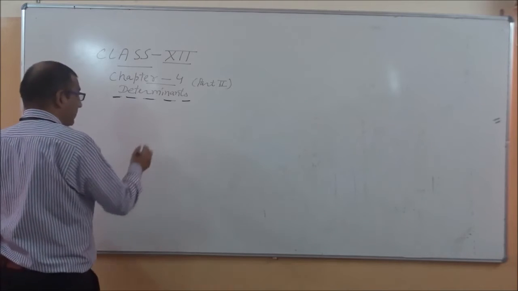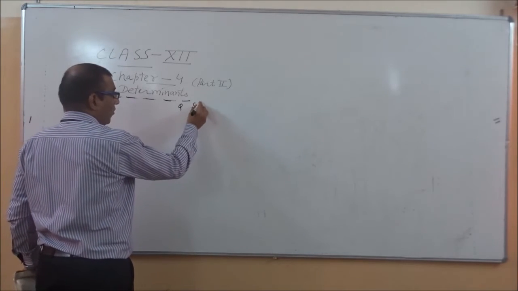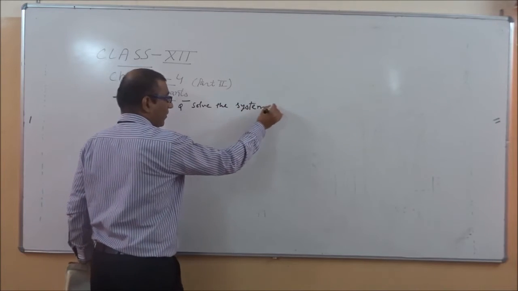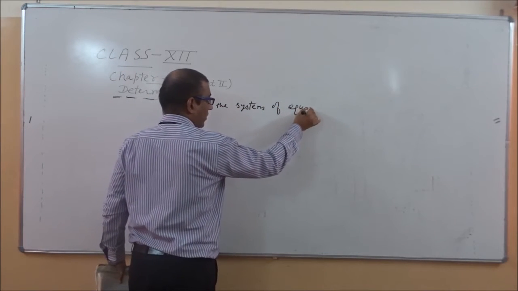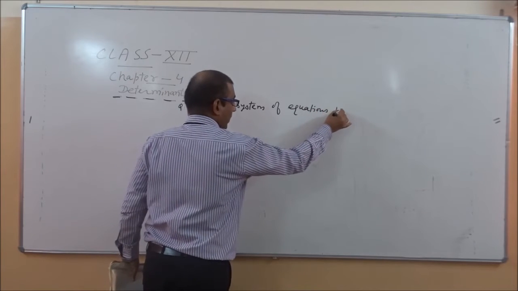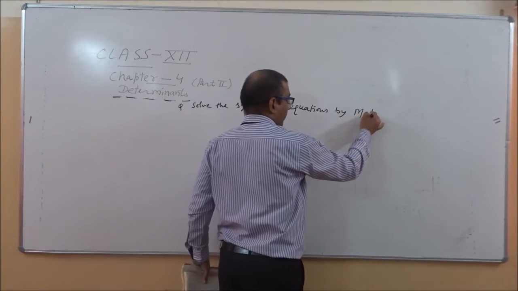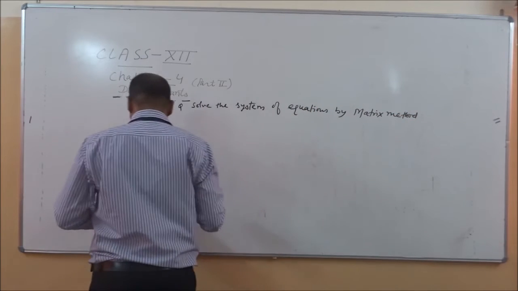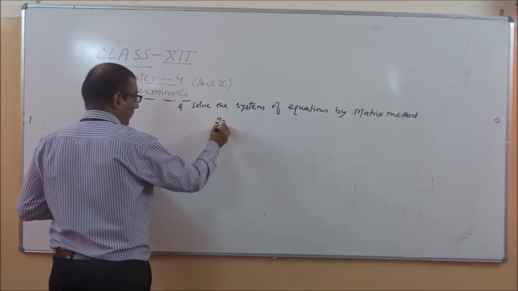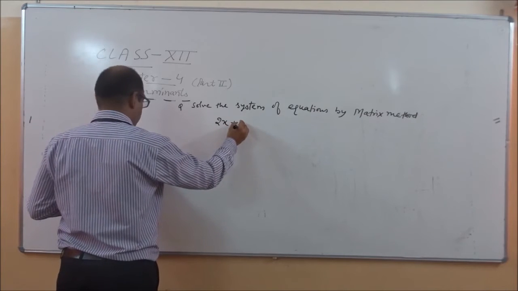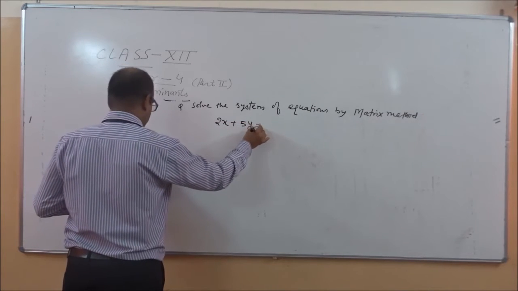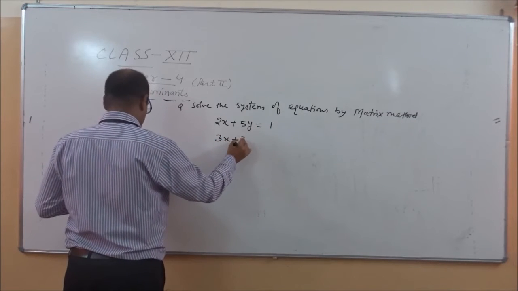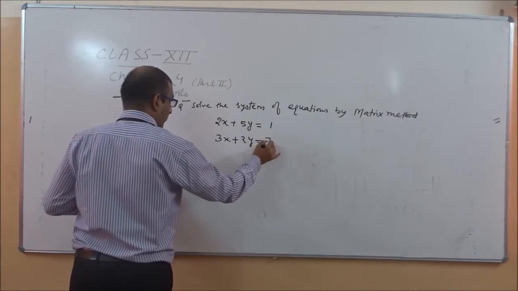And the question is, solve the system of equation by matrix method. And this time system of equations are given to us. 2x plus 5y equals to 1 and 3x plus 2y equals to 7.